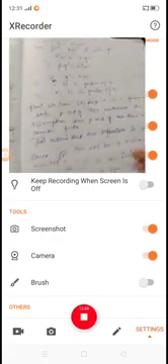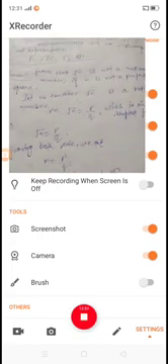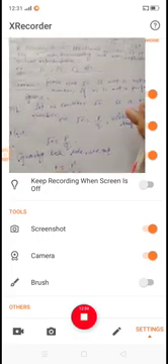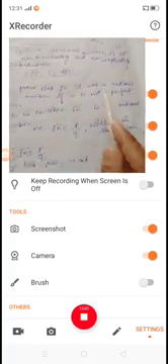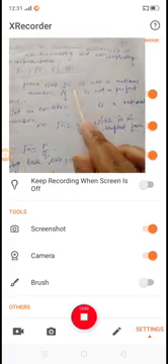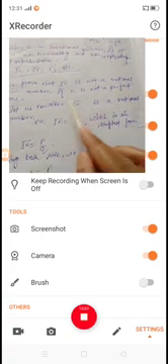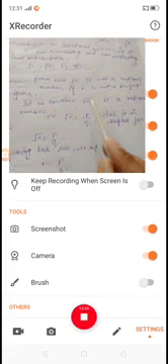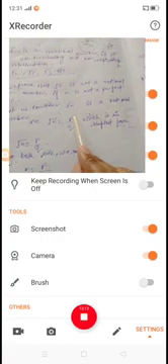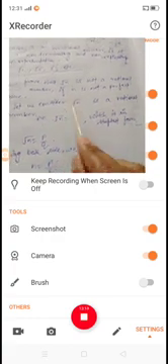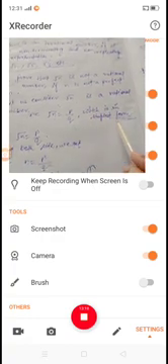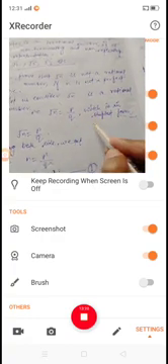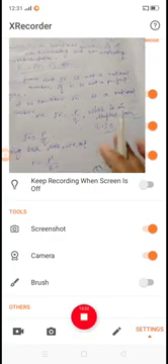Now we discuss one more time. This is a very important topic for your chapter. Prove that root n is not a rational number, that is, root n is an irrational number if n is not a perfect square. First of all, let us consider root n is a rational number, and it can be written as root n is equal to p by q, which is in simplest form. Here p and q are integers and q is not equal to 0.